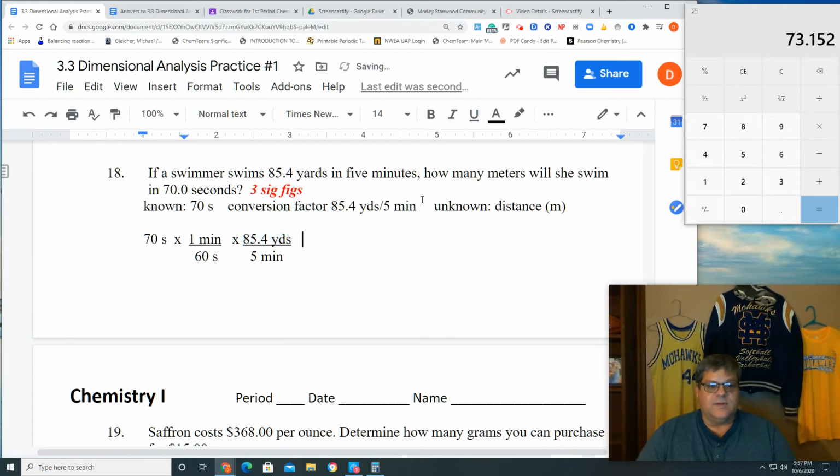Now we have it in yards, not meters yet. So now I have to convert from yards to meters. We're going to put our handy dandy times in a line again, with yards on the bottom and meters on the top. Here's our problem. I don't know what the conversion factor is, so I have to look at the packet.